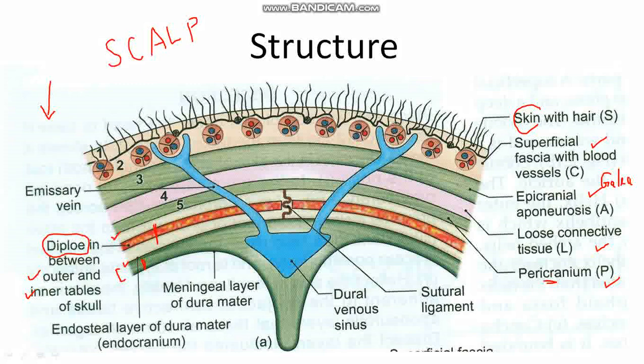The layer attached to the cranial bone is the endosteal layer, and the layer further deeper is the meningeal layer of the dura mater. So we see how the scalp is arranged from superficial to deep.